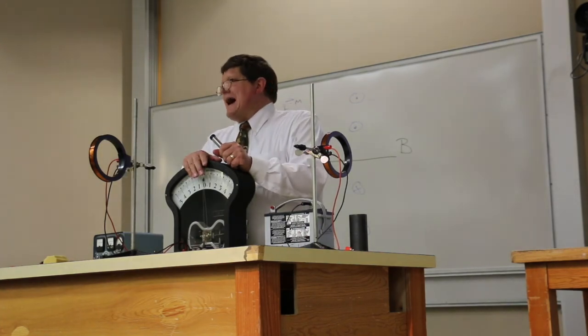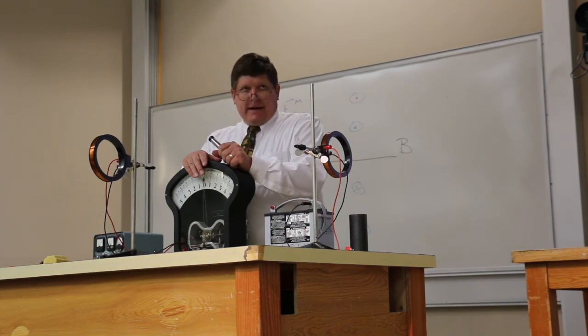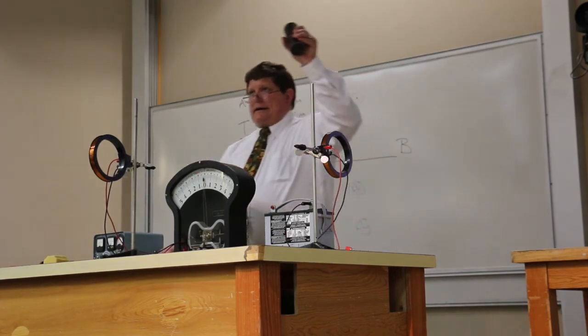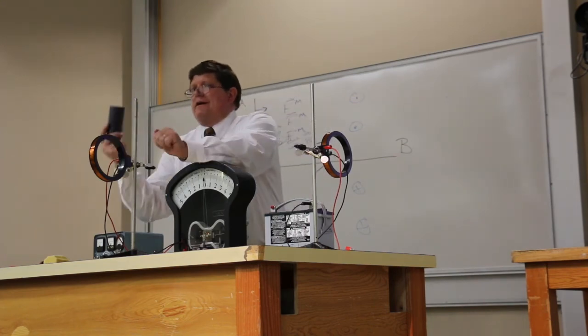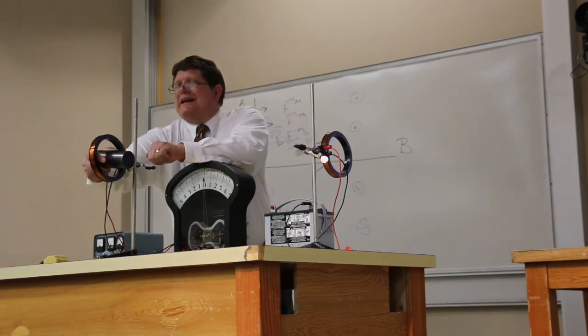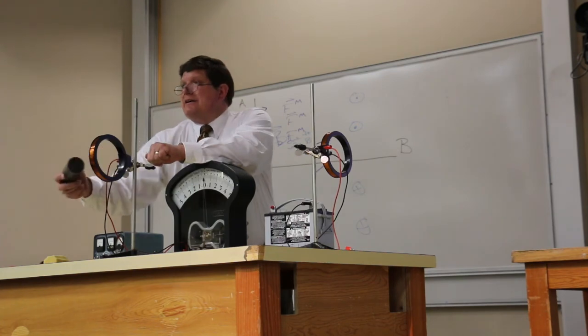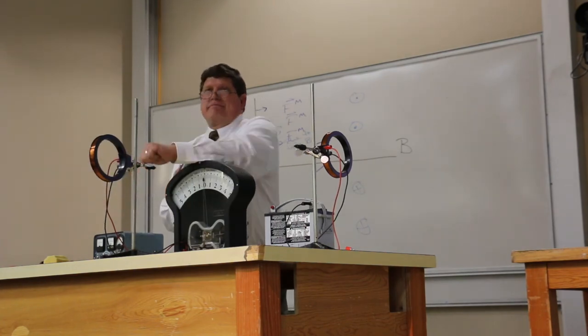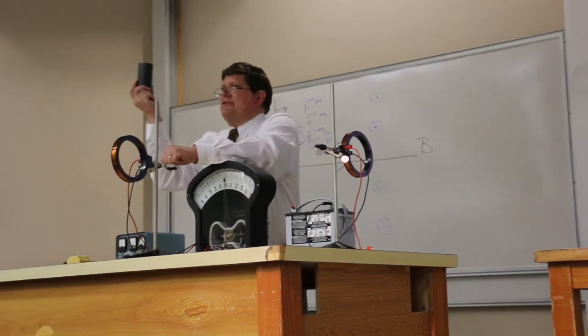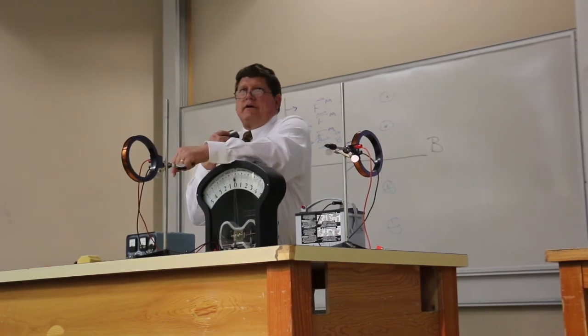We try to bring knives and guns and bad things across the border. Now, this will represent a gun. Suppose an American was coming into Canada with a gun. That's just not going to trip the detector. So how could we magnetize this gun so it would trip our detector?